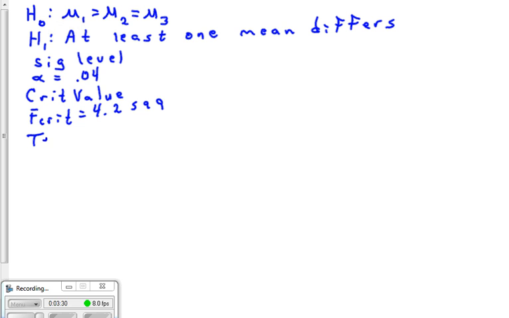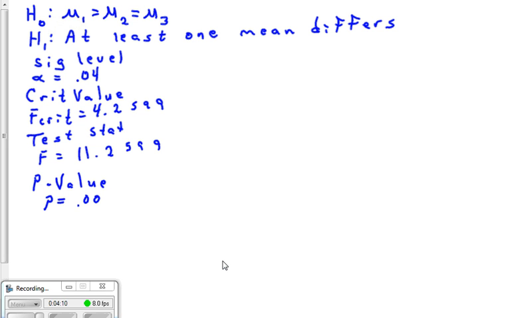Our test stat is F equals 11.2599. And then the p-value was p equal to 0.001761.